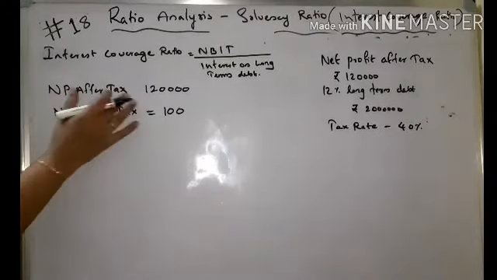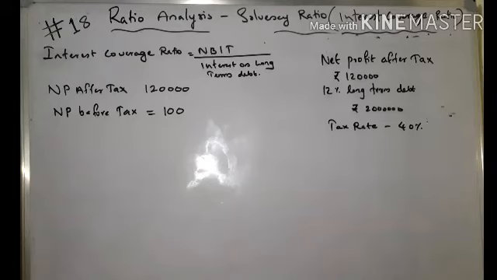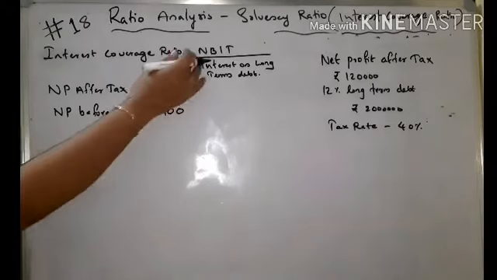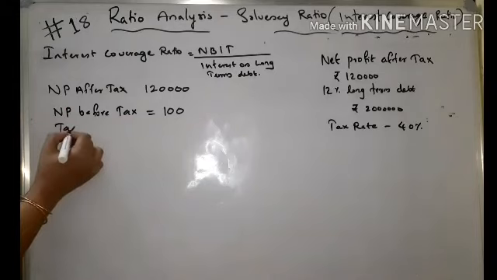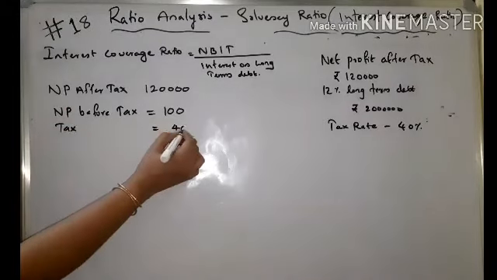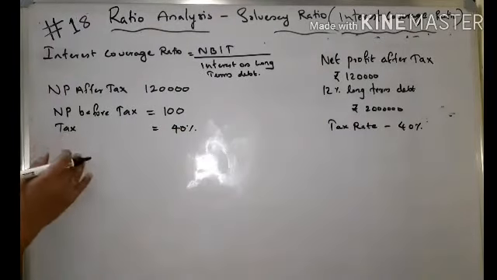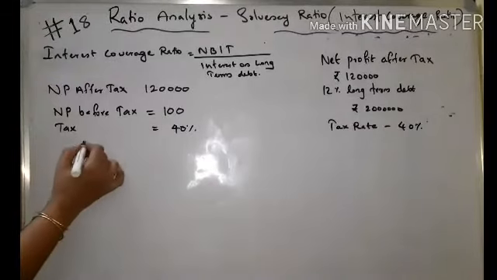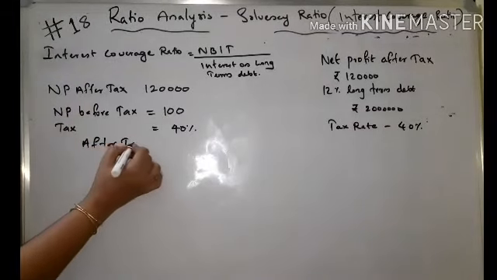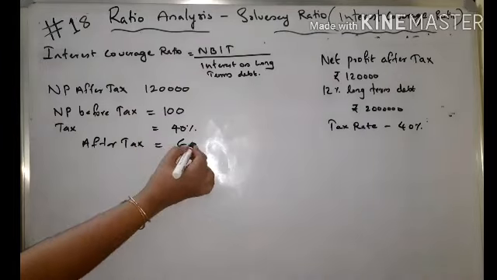Net profit after tax given in the question is 1,20,000, but what we need is net profit before interest and tax. So assume net profit before tax is equal to 100. Then the tax rate given in the question is 40%, so after tax, before tax 100, tax 40%, then after tax is equal to 60.